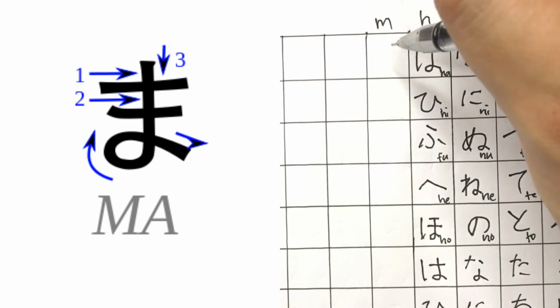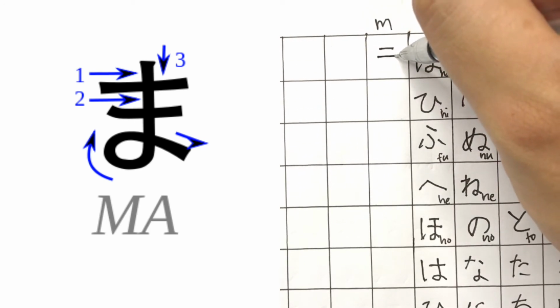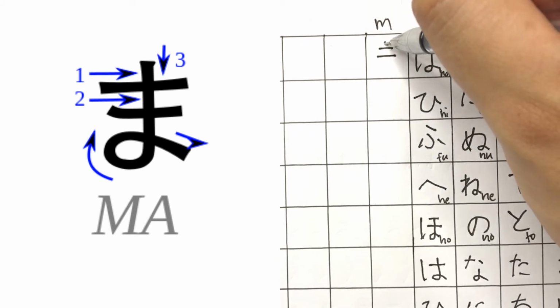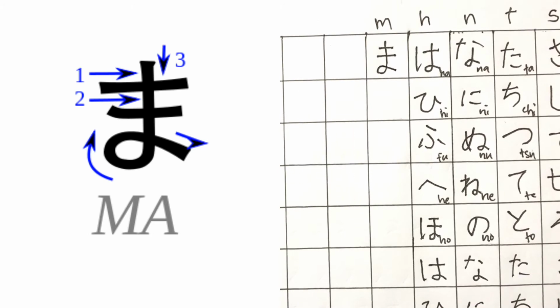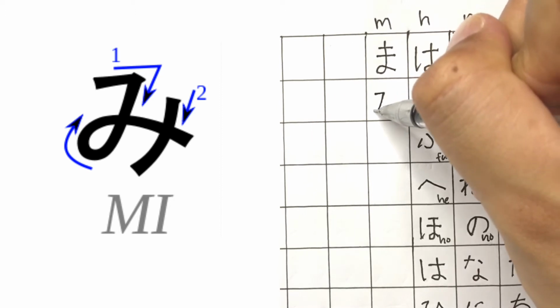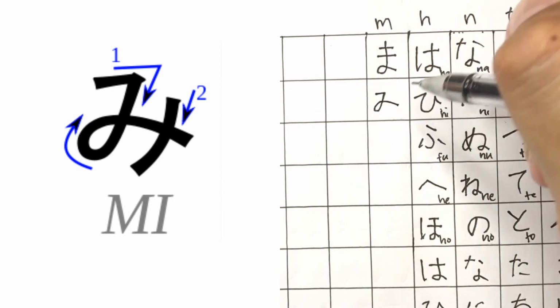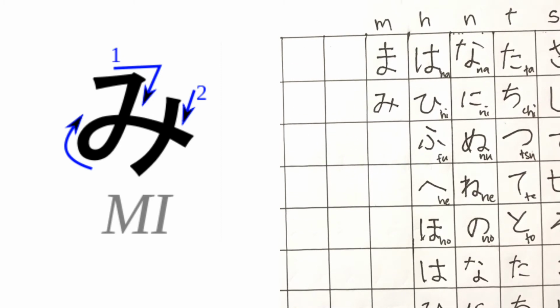The next column will be for the consonant M. Ma, mi, mu, me, mo. Okay, let's start from writing 2 lines. 1, 2, and ma. The next character is mi. 1 and 2, mi.